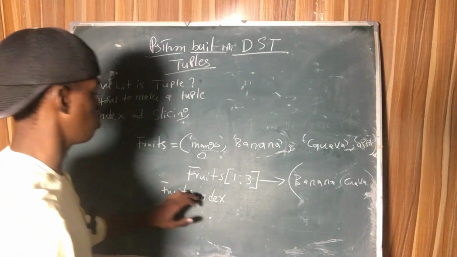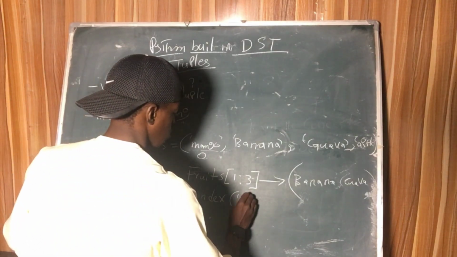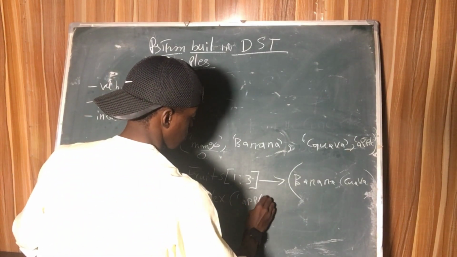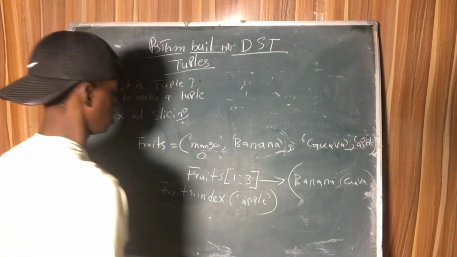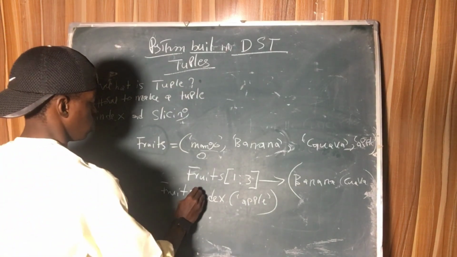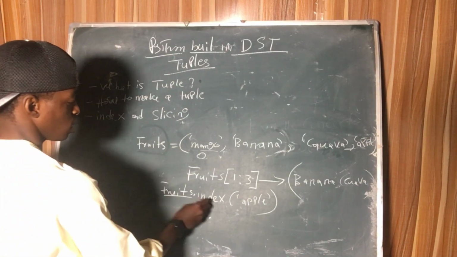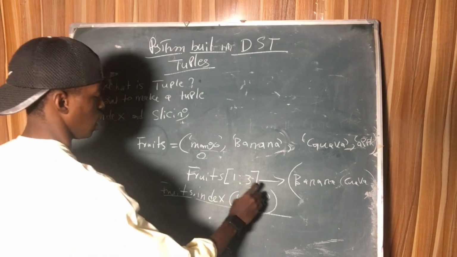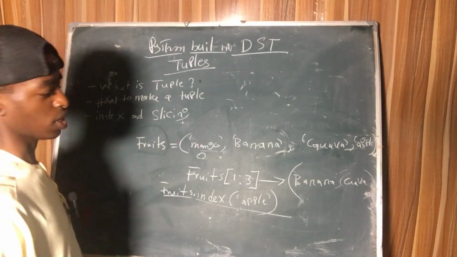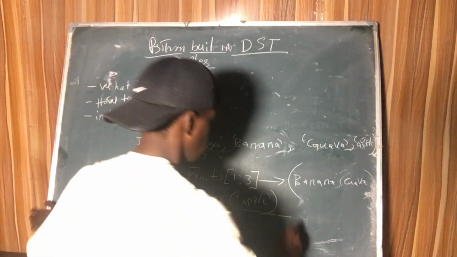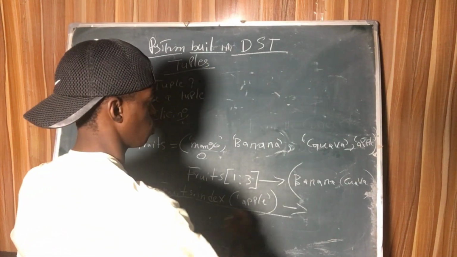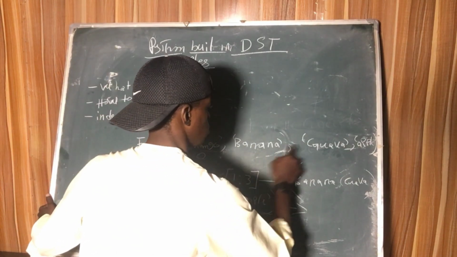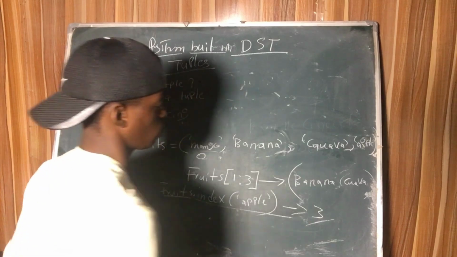So I can call this method called index, then I put the name of the apple. So I call the name of my tuple, then the method called index, and then I put the name of the element I want to know the index of. It's going to return the index, so I'm going to see something like 0, 1, 2, 3. Then I'm going to see the output of 3.